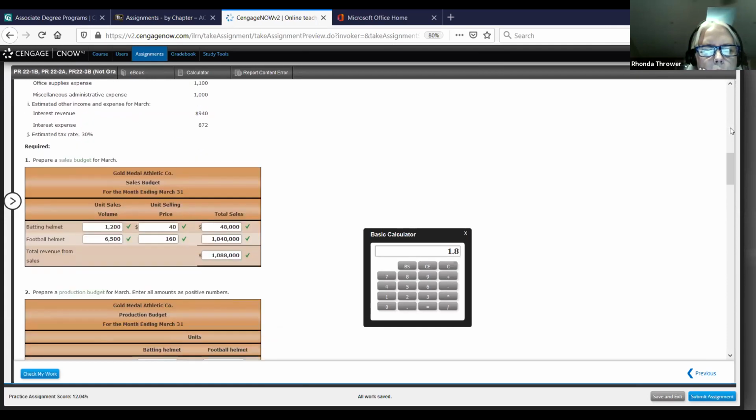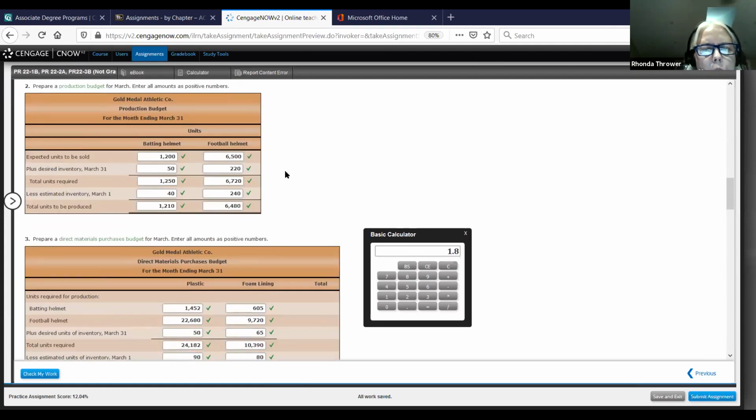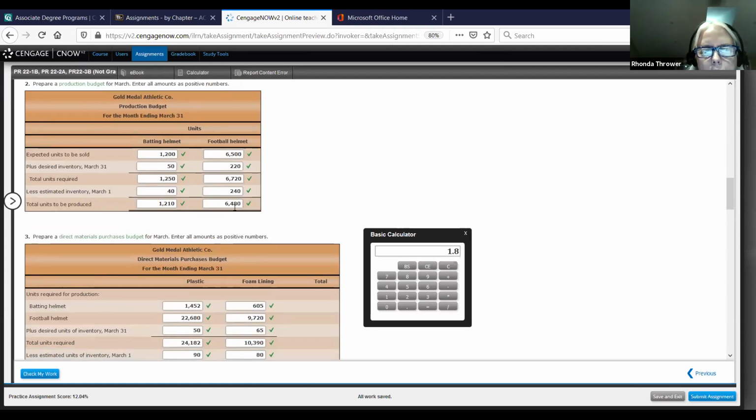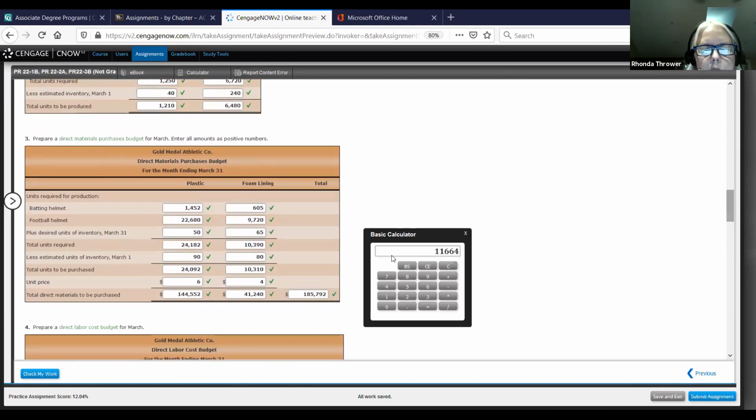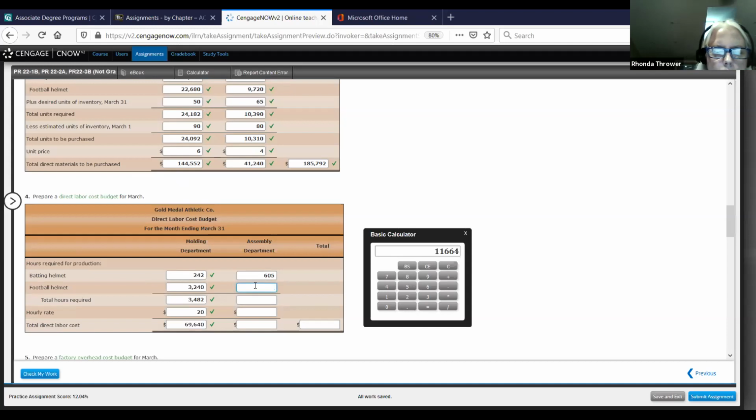Then I'm going to multiply that by the number of football helmets produced from our production budget, which is 6,480. And that's going to give me 11,664 hours.